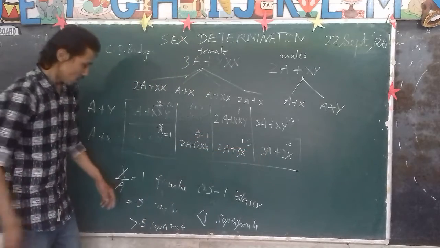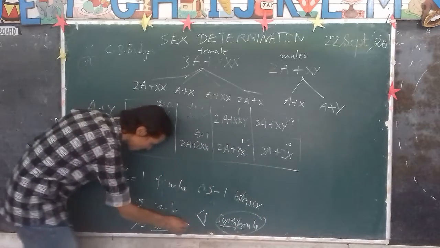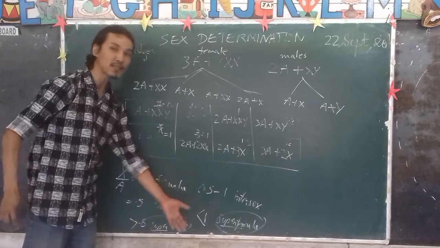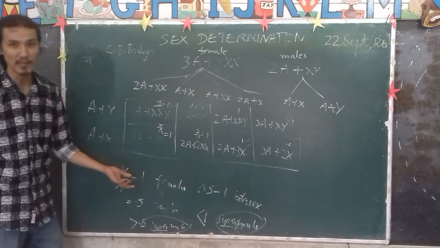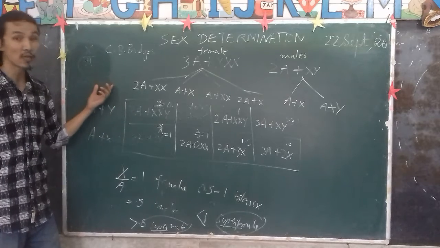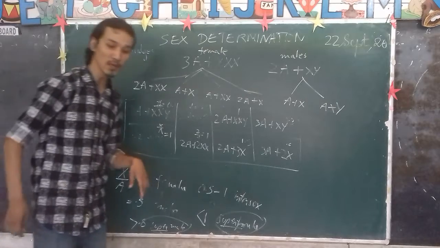So super male and super female does not mean that these individuals have superpowers. It just means that these individuals have slightly different characters as compared to the normal males and females. The characters might be either a longer pair of wings as compared to normal males, or longer legs.